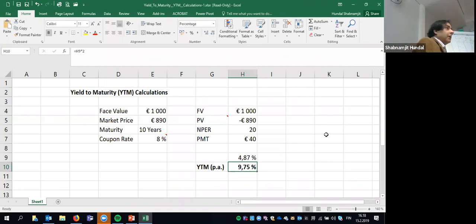Exactly. Now imagine you invest 1,000 euros in a security, yeah? The rate of interest is 10%. Let's keep it simple. It means you will be getting how much? 100. Now imagine the rate of interest jumps to 12.5%.